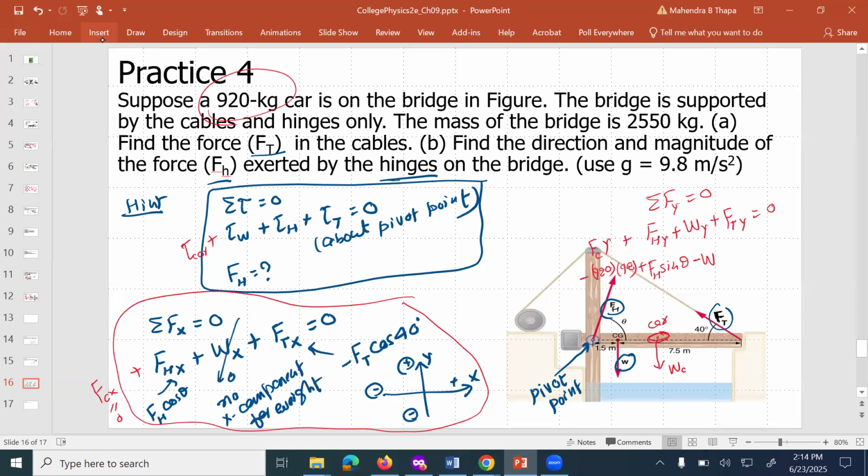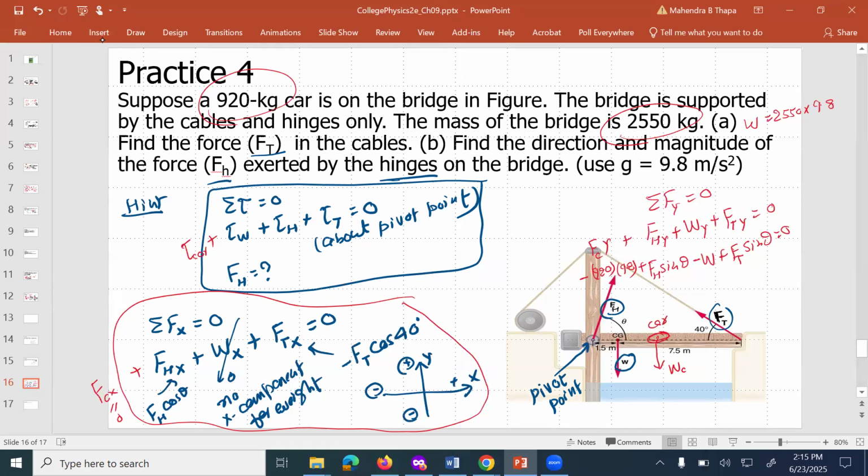Then plus Wy, you can find the weight of the bridge from here. So this W will be 2550 times 9.8. This will be negative. And the component y of FT will be FT sine theta equals 0.